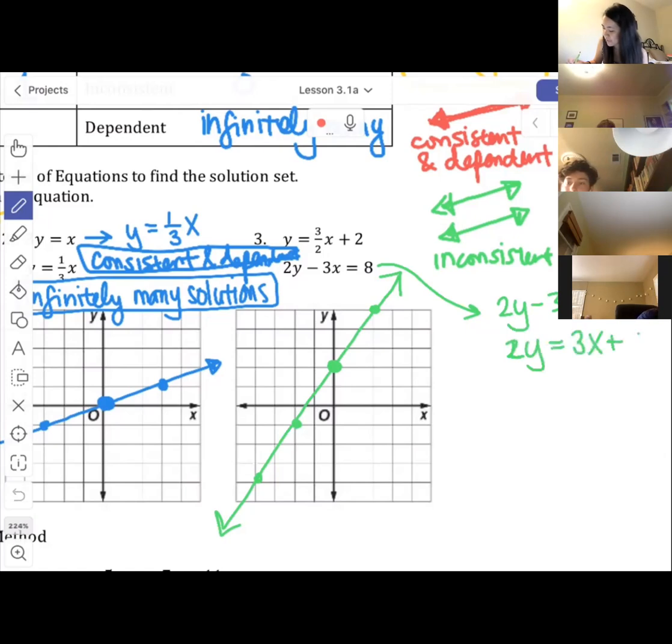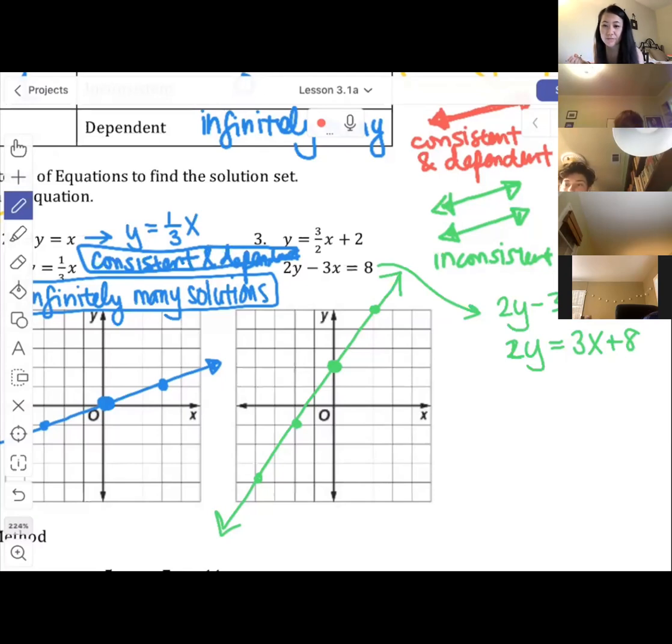Good first one. All right. What else do I have to do to isolate y? And then divide 2y by 3x plus 8. I don't want to divide 2y by 3x plus 8. I need to get y by itself. So what's not allowing y to be by itself? What's with y right now? 2. So how do I get rid of that?